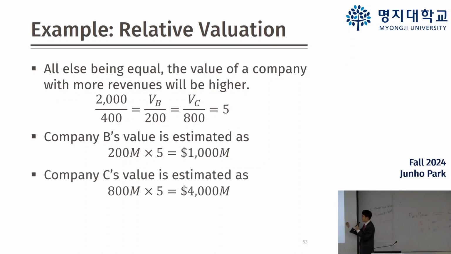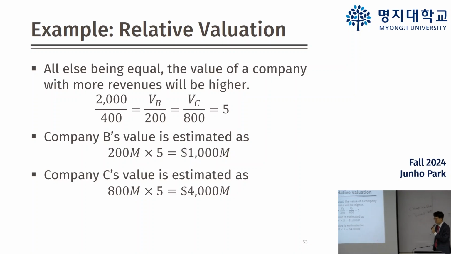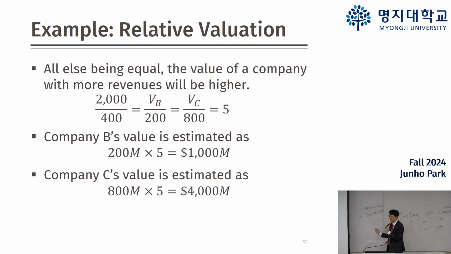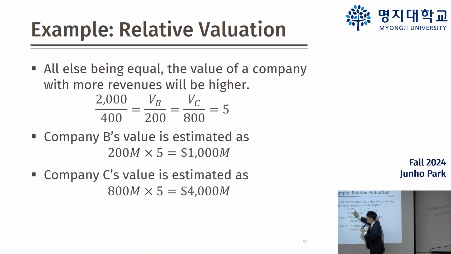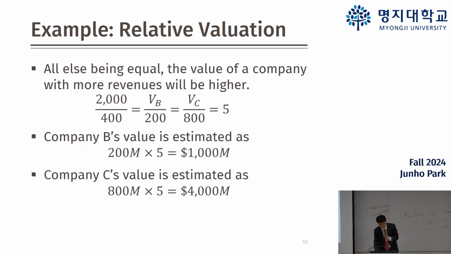And C's value should be 5 times larger, so it should have $4 billion as its value. So this is the principle of the relative valuation. If you know that certain companies are similar, and if you also know that there is a pattern, then you can get the value of these companies.